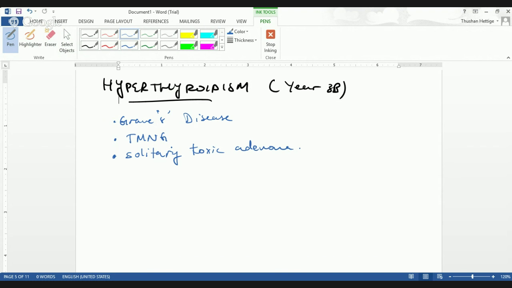Have you heard of the term called struma ovarii? Struma ovarii is a phenomenon whereby there's a benign ovarian tumor. Some benign ovarian tumors are like teratomas. We call them dermoid cysts.